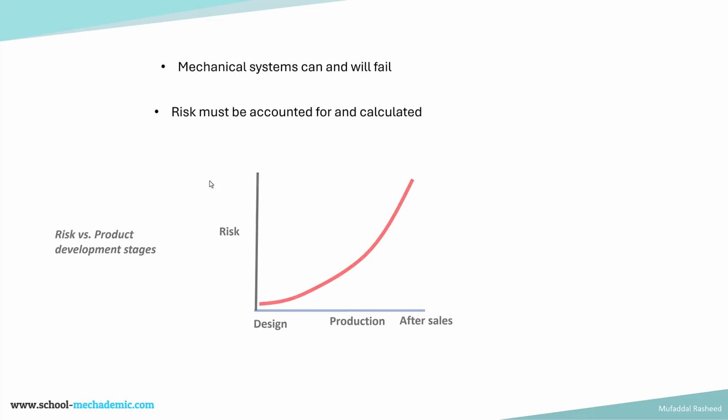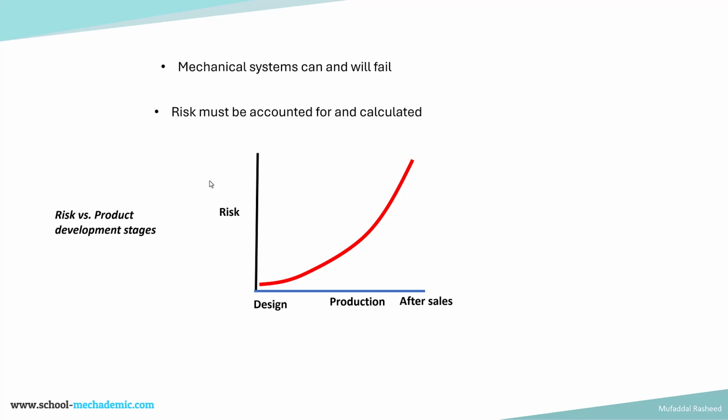And this risk increases with the stage of the product. When the product is in the design stage, the risk is generally low, because if you find any failure mode, you can correct the design, and then that risk becomes lesser.